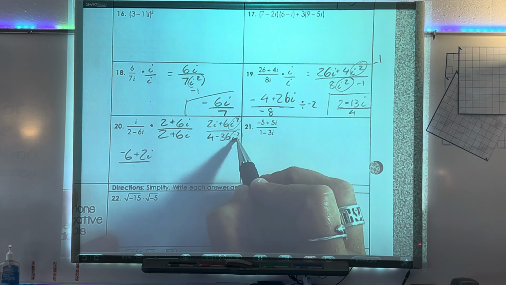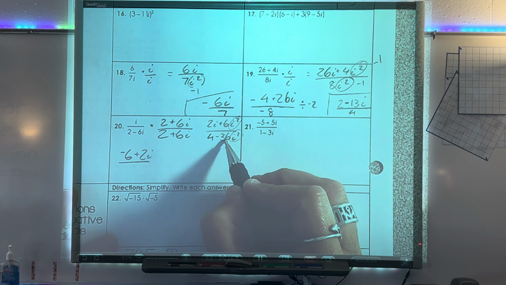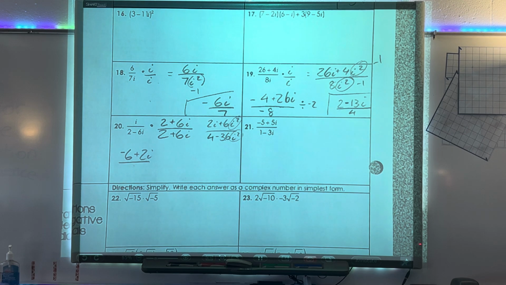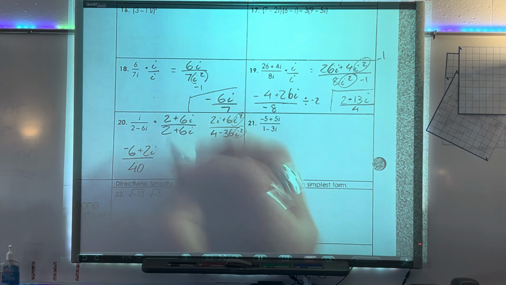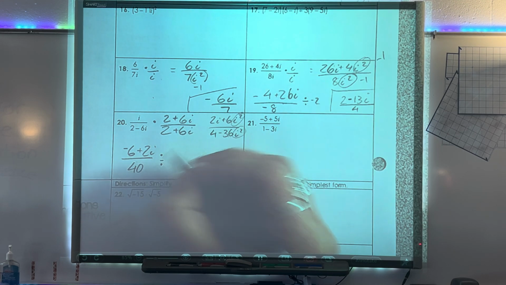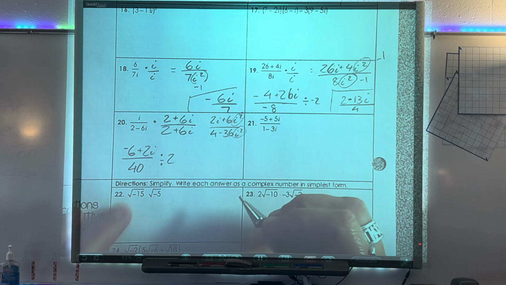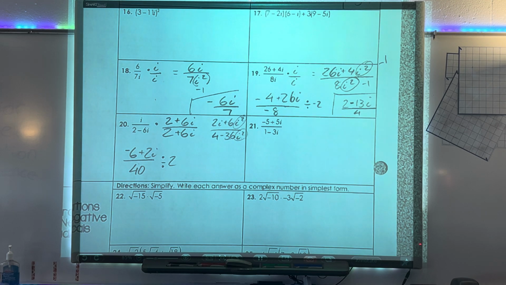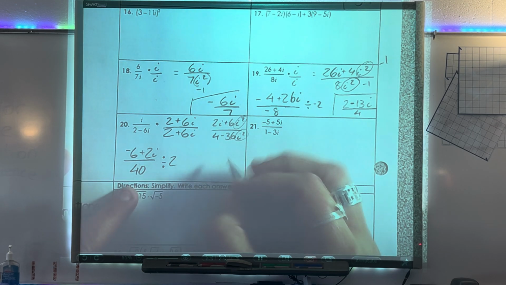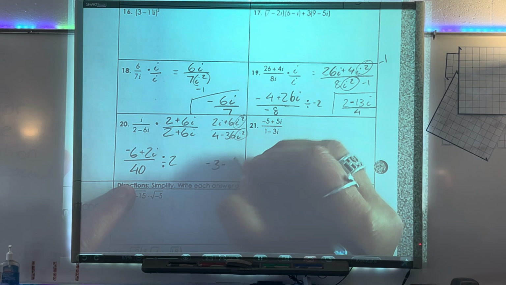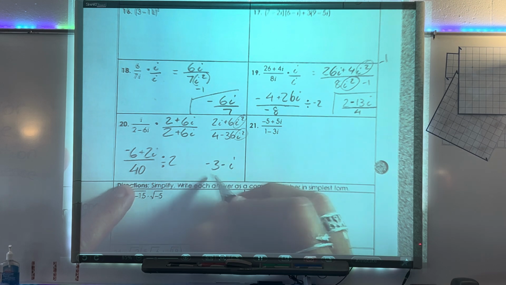So a -1 times a -36 would be a positive 36 plus 4. Are we in agreement there? Okay, so 40, everything's divisible by 2. If you wanted to divide by a -2, you could, it's really not gonna make a ton of difference. I'm okay if that first number's negative, so that would give us -3 plus i over 20.